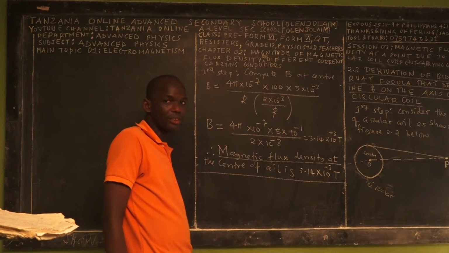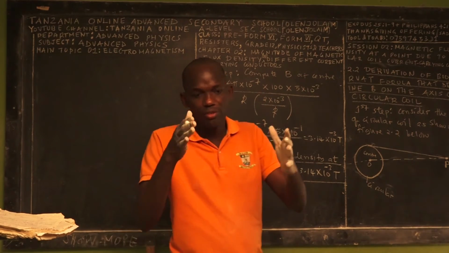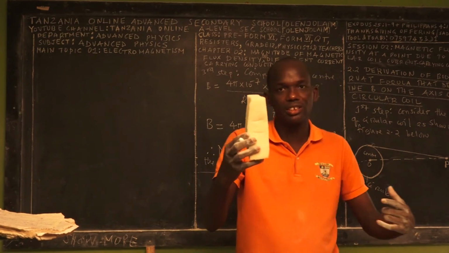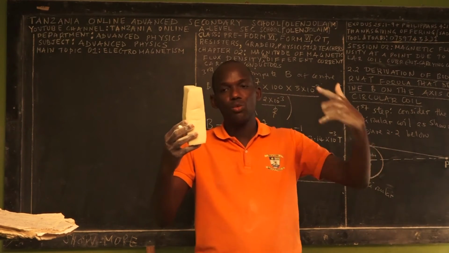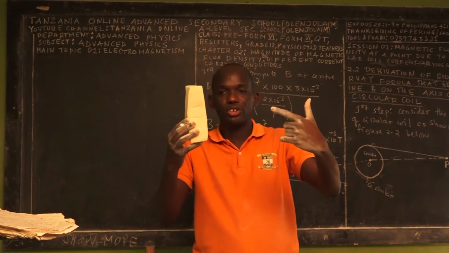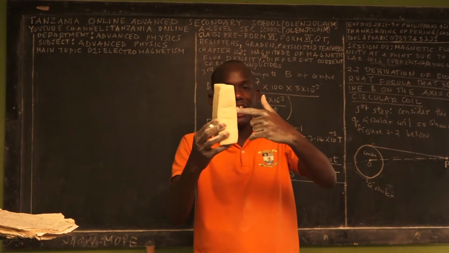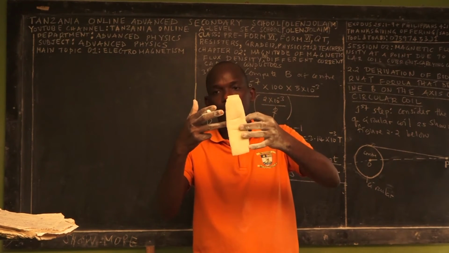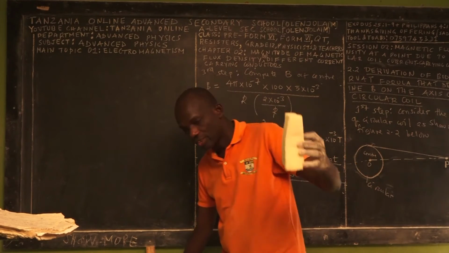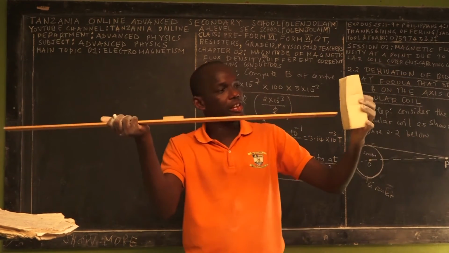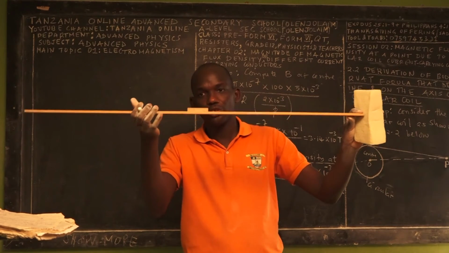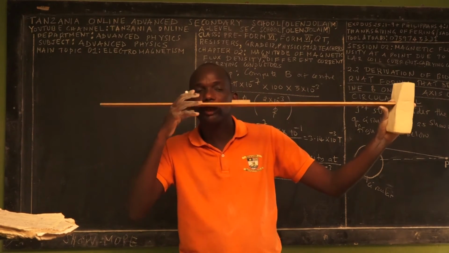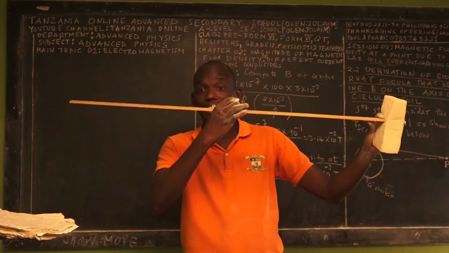Suppose you have a disk; when you determine the magnetic flux density on the axis of the circular coil, we mean the axis of rotation. If this is the disk, then the axis of rotation passes by here. So suppose this is your circular coil, and this is the axis passing through the center. You want to find the magnetic flux density at this point, but on the axis.